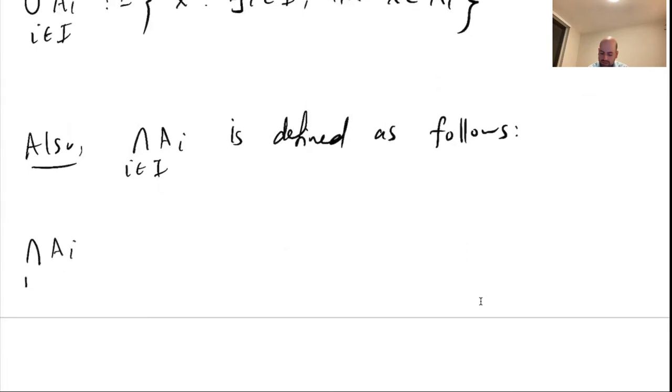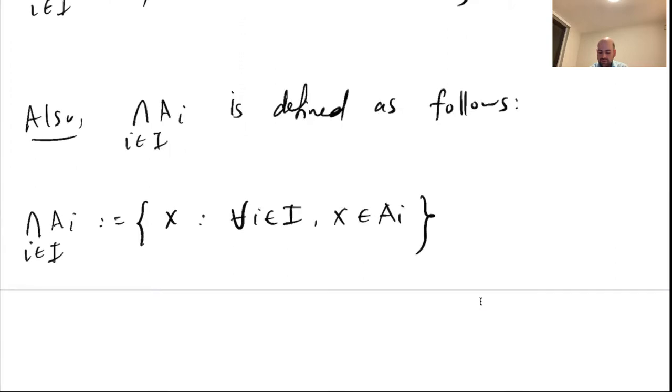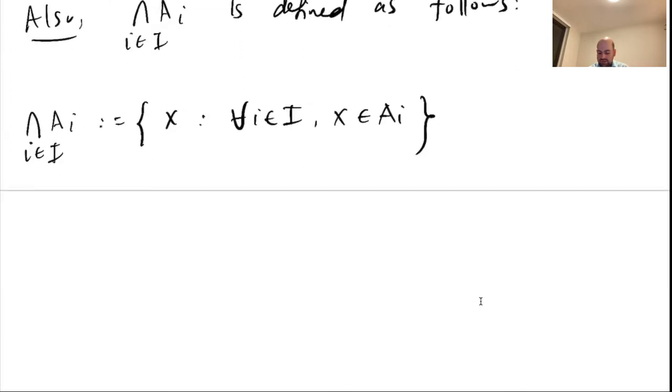The intersection of AI, I belongs to the index set, is equal to the set of all X such that for every I in the index set, X belongs to AI. So it's the set of all elements X where X appears in every one of the AIs, every possible AI. Okay, let's look at some examples.